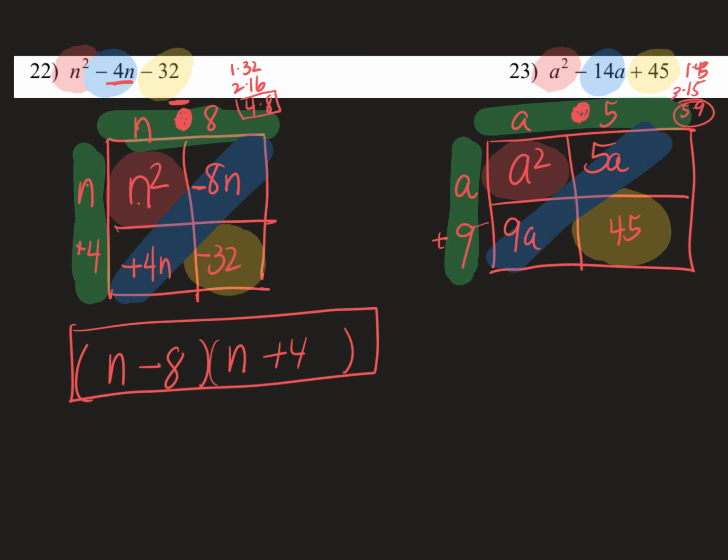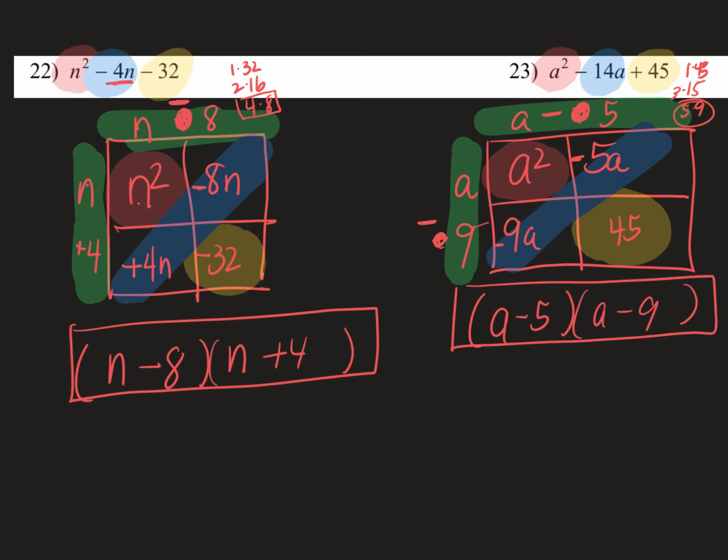So this is going to have to be a negative 5 and a negative 9, because negative 5 times negative 9 is still positive 45. Negative 5 times a is negative 5a, a times negative 9 is negative 9a, and those two do add up to give me negative 14a. So my answer is the product of a minus 5 times a minus 9.